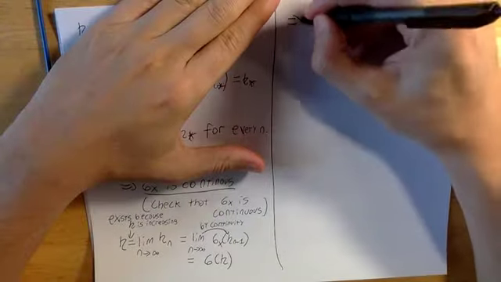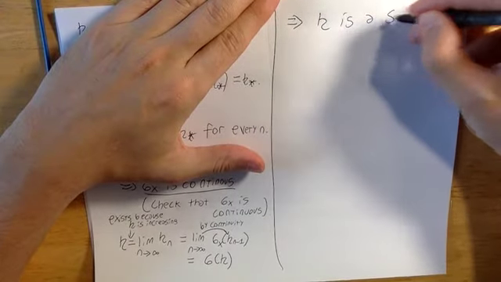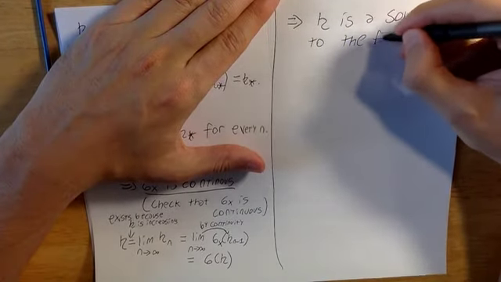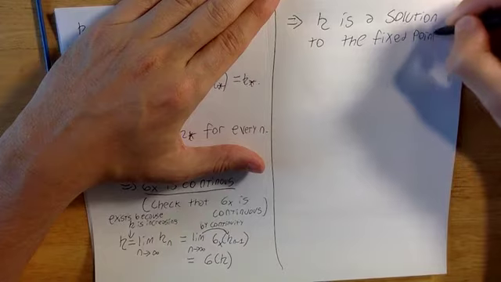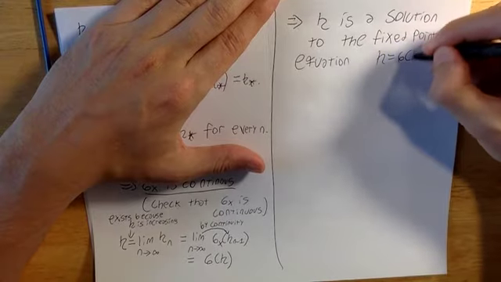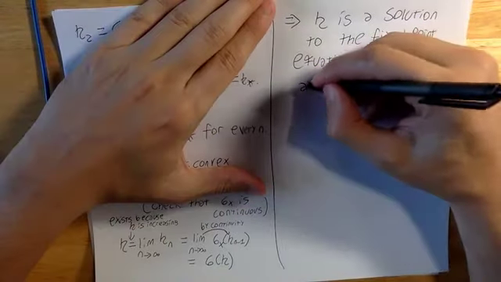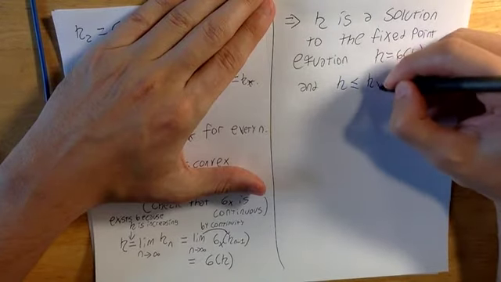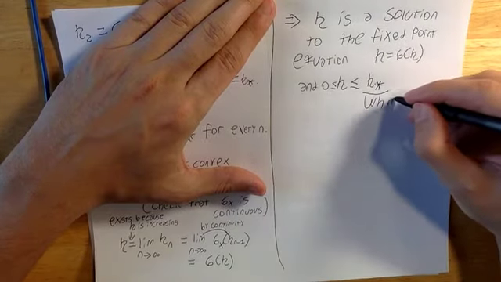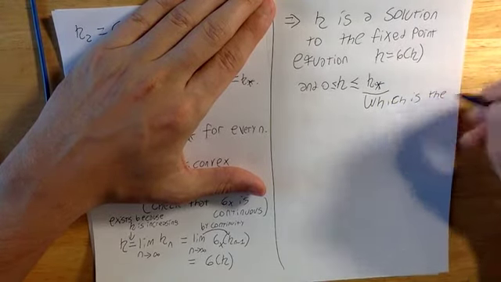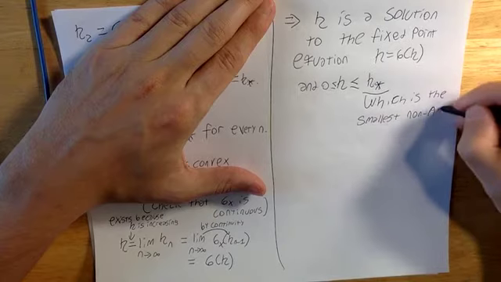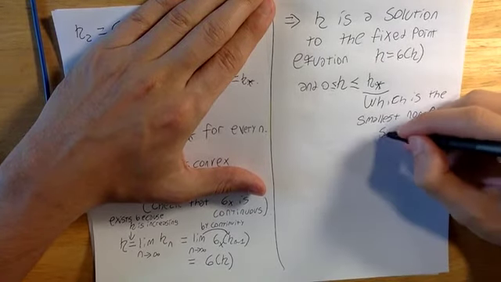So then η is a solution to the fixed point equation, η equals g(η), and η is less or equal than η*, which is the smallest non-negative solution.